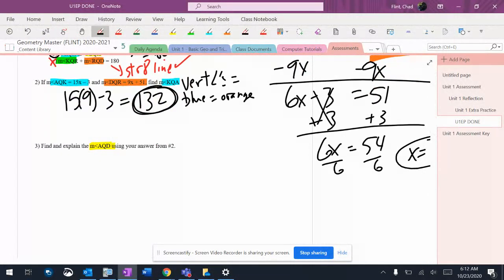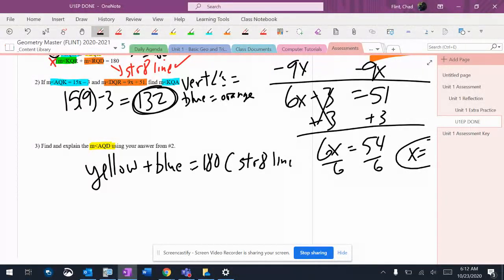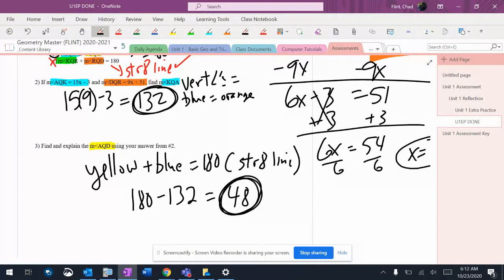So I'm going to write down, let's see, yellow plus blue equals 180. And maybe I put straight line in parentheses. If you didn't include that, it wouldn't make that big a difference. All right. Well, the blue one's 132, so it's going to be 180 minus 132 is 48. So that one's going to be 48.